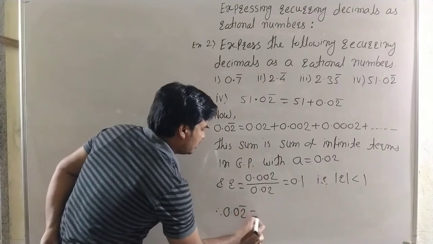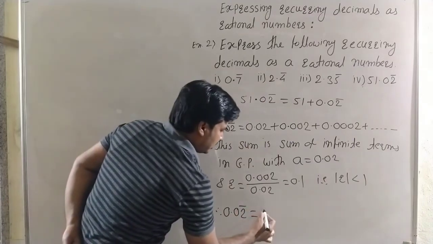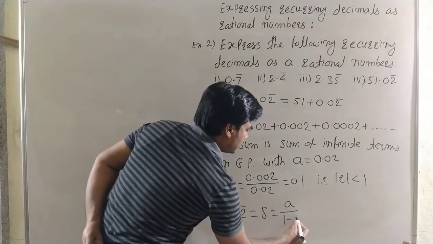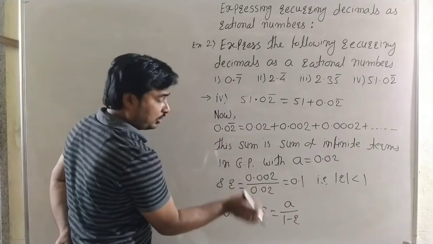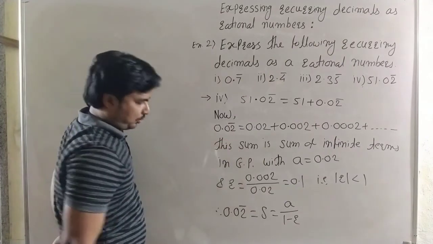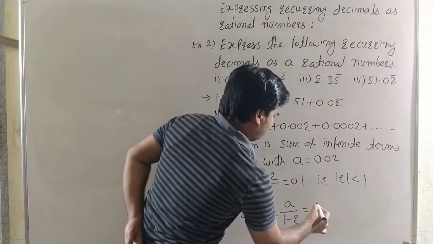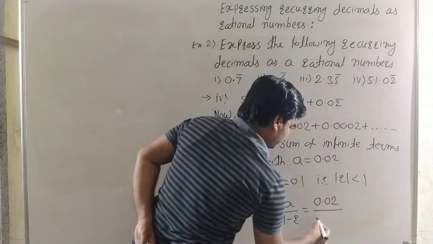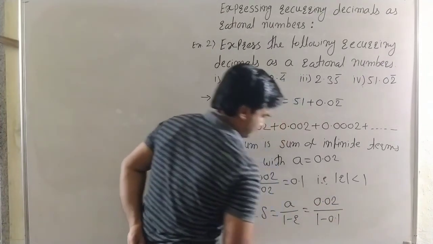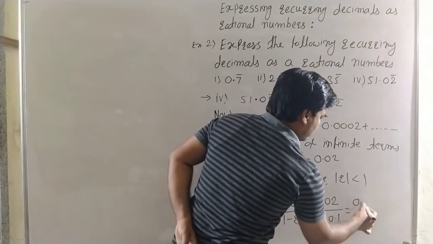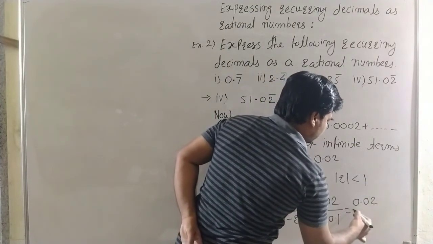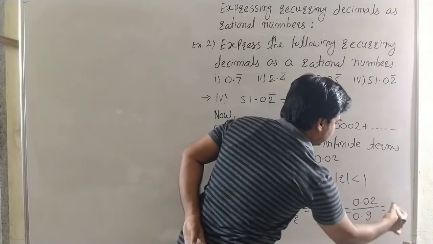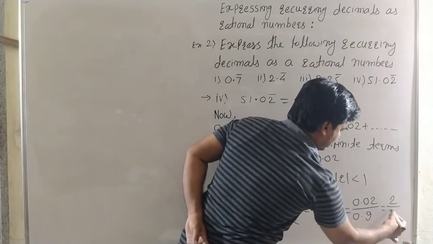Therefore 0.02 bar is equal to a upon 1 minus r, the sum of the infinite terms of a geometric progression, with first term 0.02 upon 1 minus 0.1, then it is 0.02 upon 0.9, and again it is 2 upon 90.